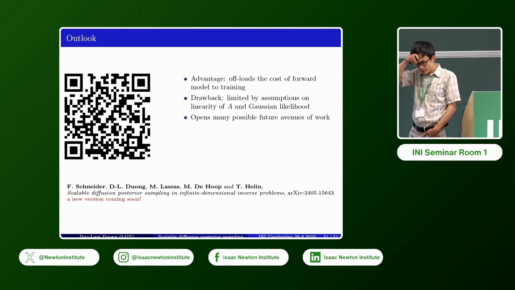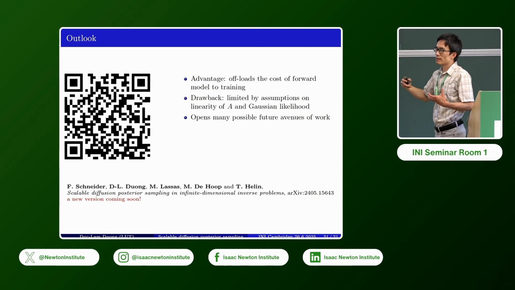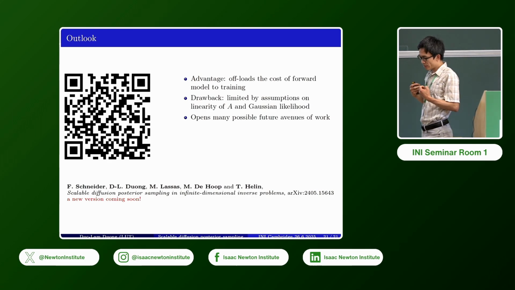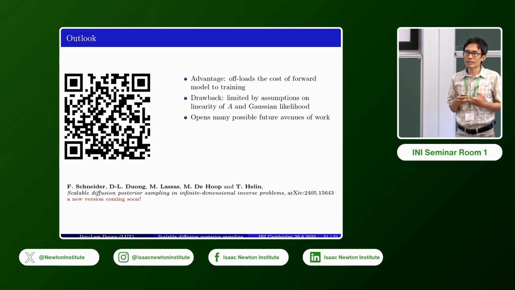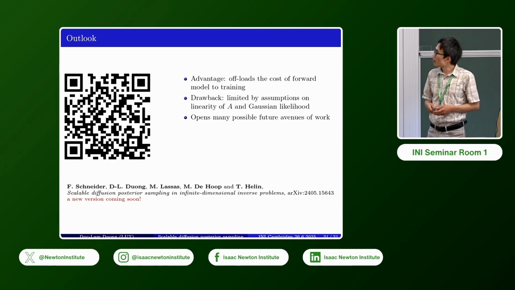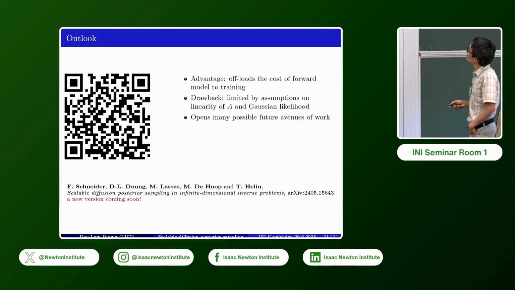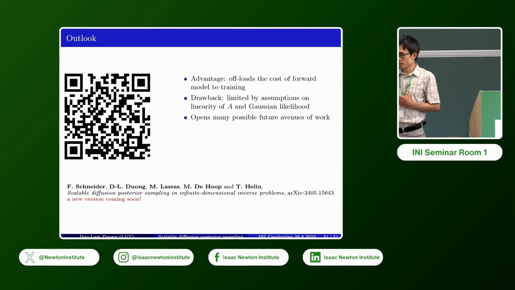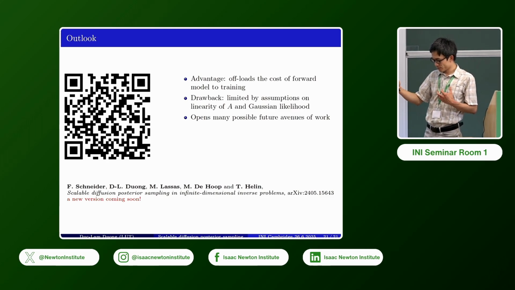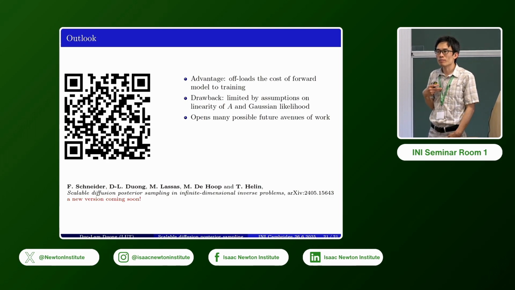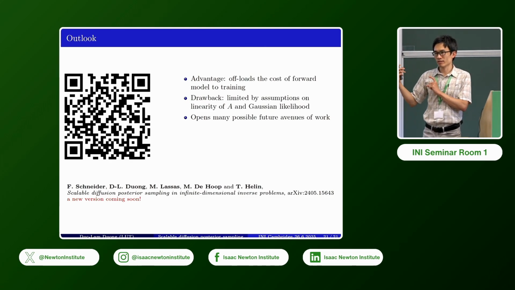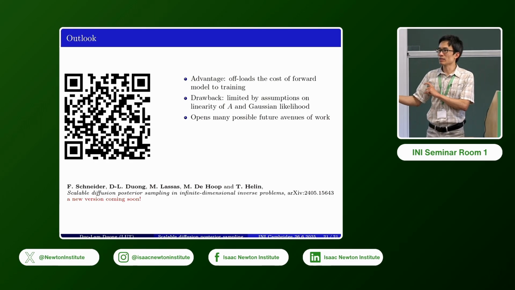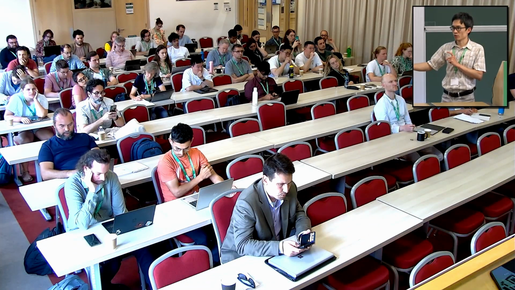Okay, so what next with this method? Although this setup seems promising in dealing with inverse problems with a very complicated forward map, it also has certain limitations, because we rely on the linearity of the forward map, where you can conjugate the likelihood with the prior so that you can form another Gaussian process.